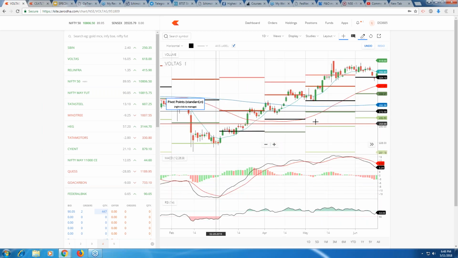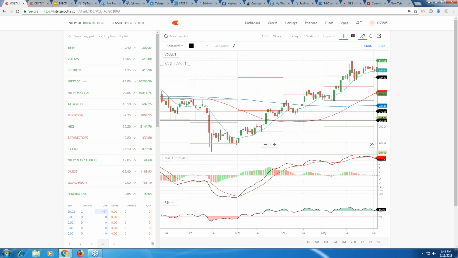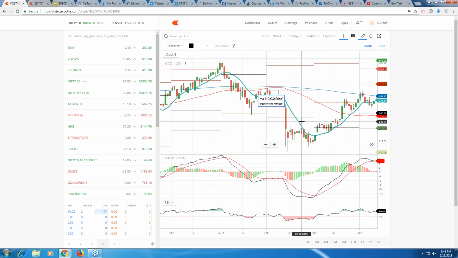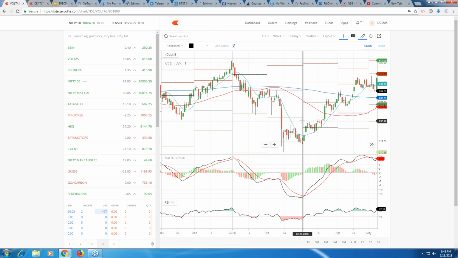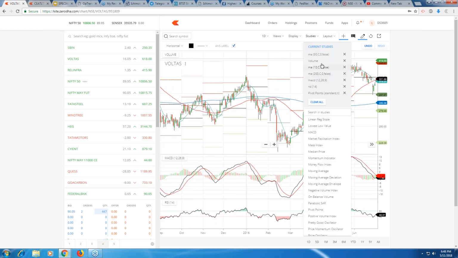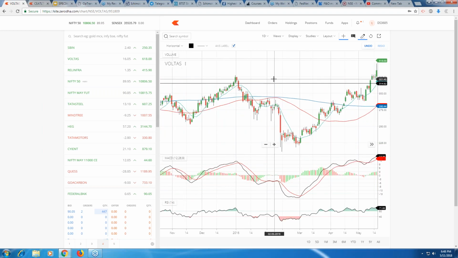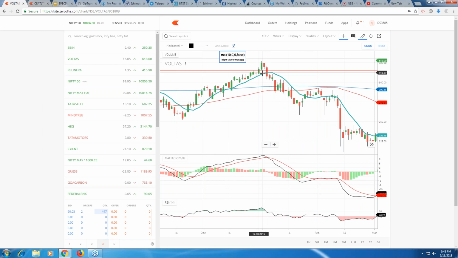So what I expect from you guys is that you have to at least fine-tune your eyes with the trades that are happening. Find out every stock you scan through, how are they behaving? How are they behaving when there is a bearish sign appears, right? See here, Voltas.